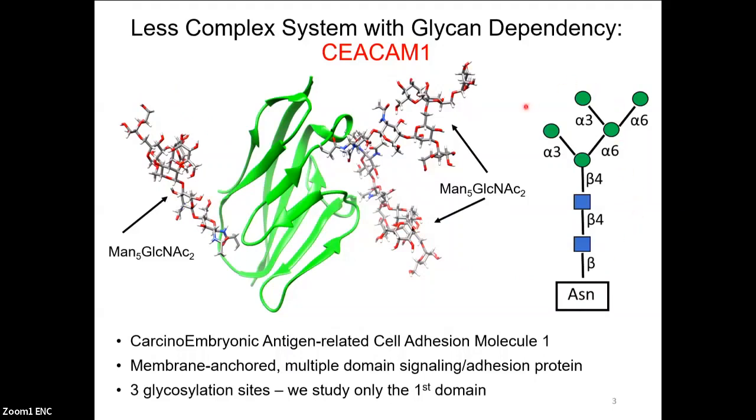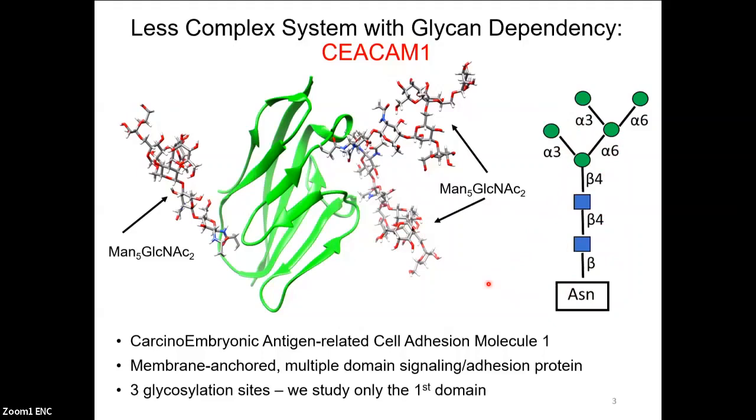And over here is this cartoon that is referred to as the symbol for glycan nomenclature, in which N-acetylglucosamine residues are the blue squares and mannose residues are the green circles.